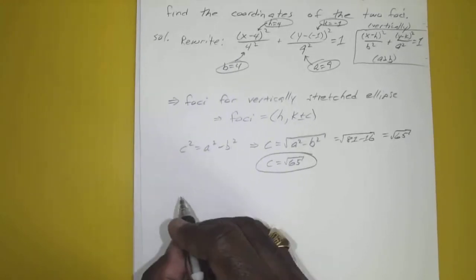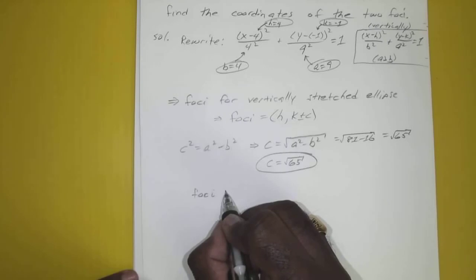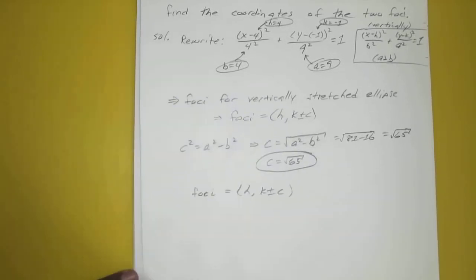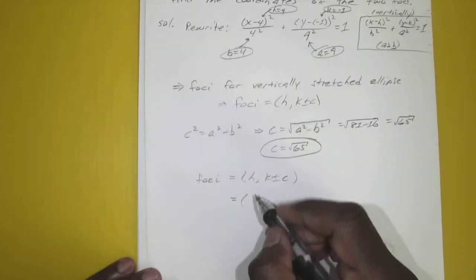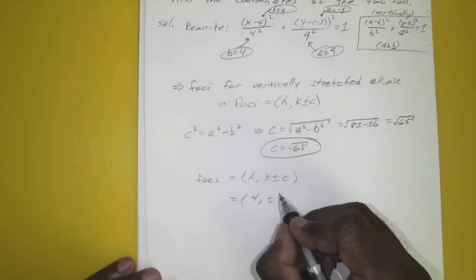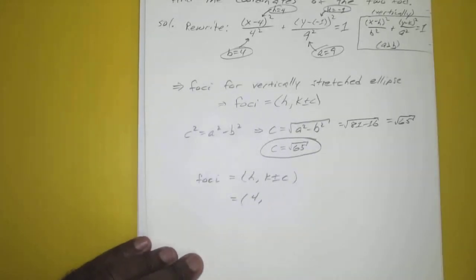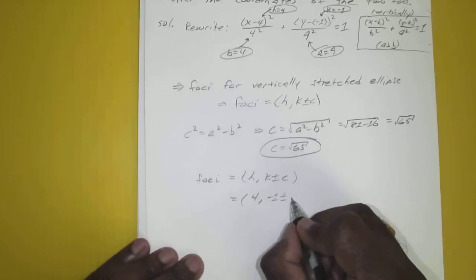Okay, so that means focus points, which is h, k plus or minus c. Our h is equal to 4, so it's 4 plus or minus negative 1. Uh-oh, forgot to put that negative 1 first. So it should be negative 1 plus or minus square root of 65.